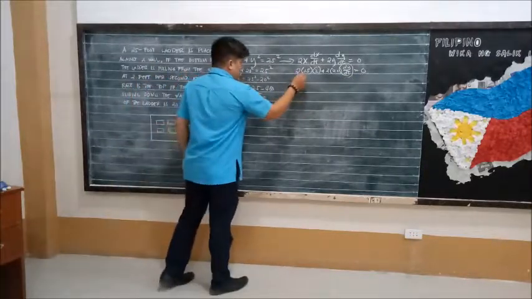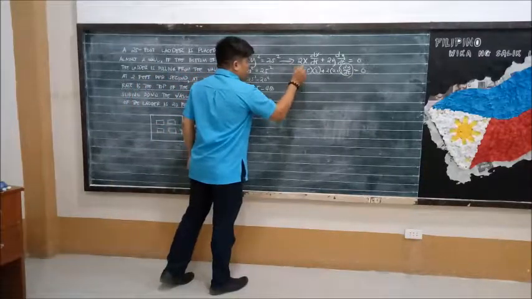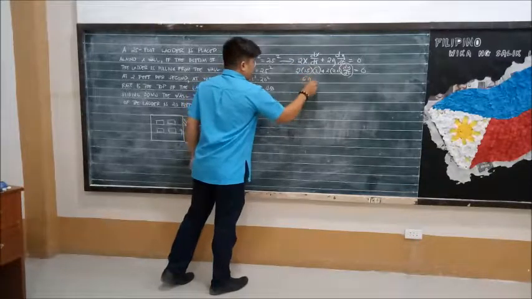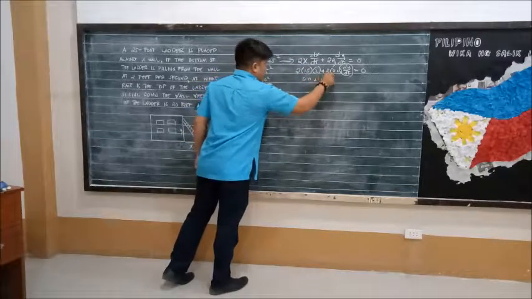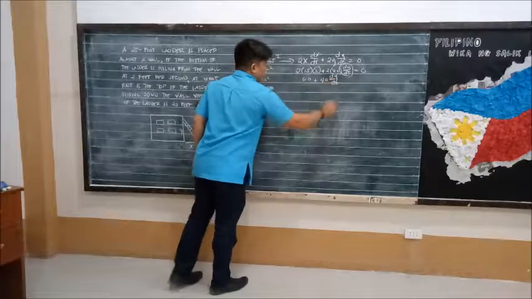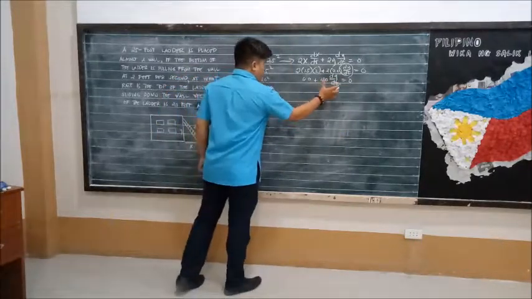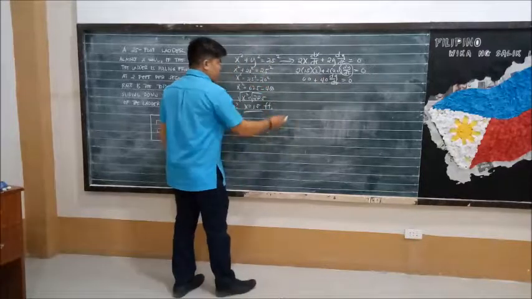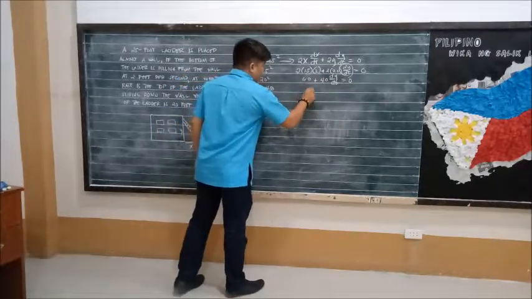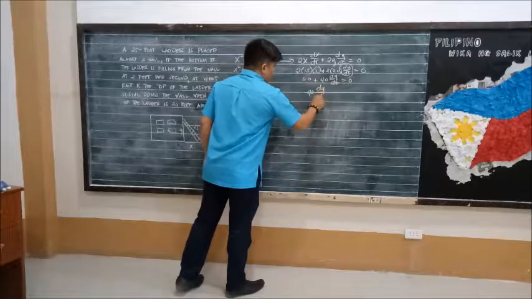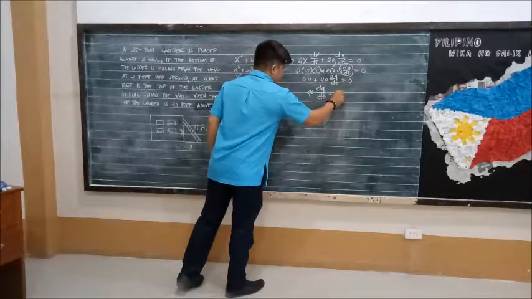So we multiply: 2 times 15 times 2 is 60, plus 40 dy over dt equals 0. Since we want to find the value of dy over dt, we transpose 60. So 40 dy over dt equals negative 60.